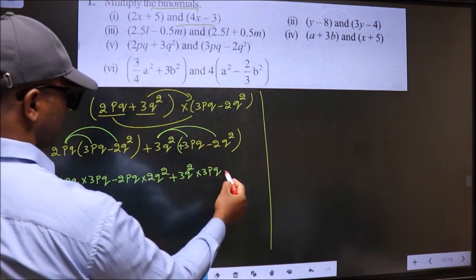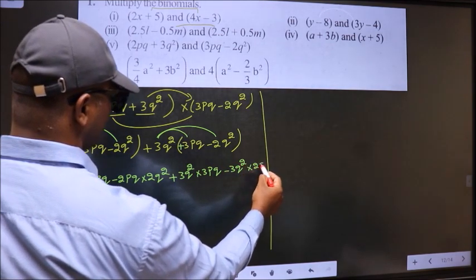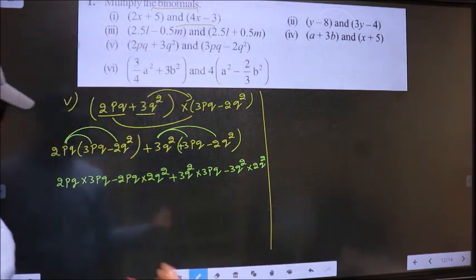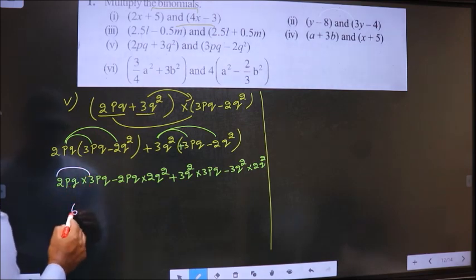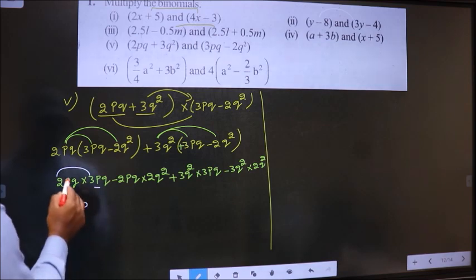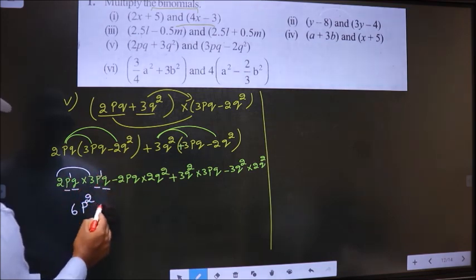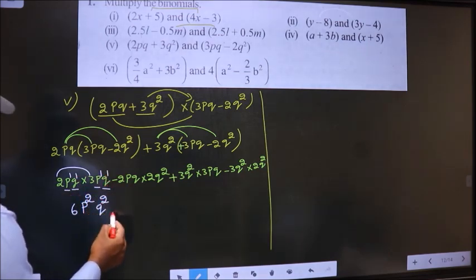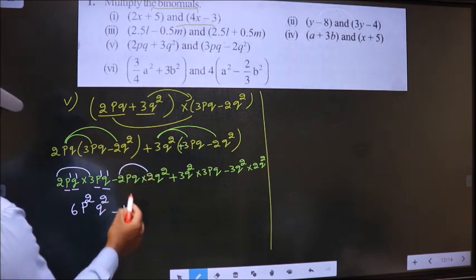Now plus into minus minus 3Q square into 2Q square. Next, first the numbers 2 into 3, 6, P into P, you write add the powers 1 plus 1, 2. Now Q into Q, you write add the powers 1 plus 1, 2, minus numbers 2 into 2, 4.